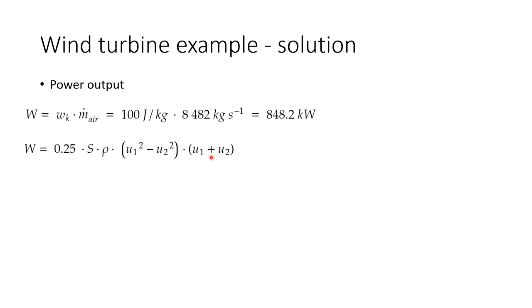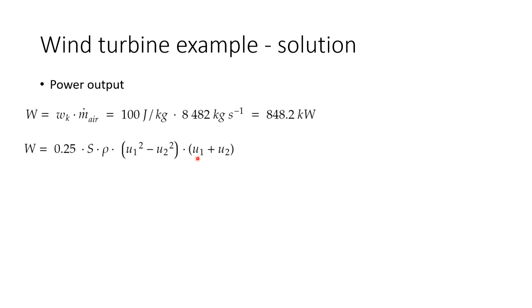So kinetic energy, mass flow rate, just the 2 went here, so from 0.5 we have 0.25. But you can see that the velocity u1, if we expand this, will be to the power of 3. So we can see how the power output is very sensitive and rising very sharply with the wind speed.